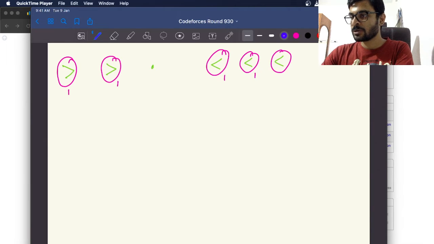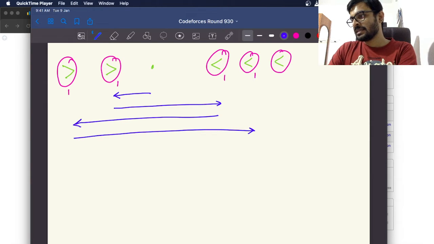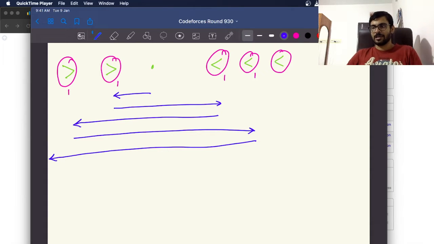So how will the movement look like? If it starts towards the left, it basically goes there, comes back, goes up to there, comes back, and then again gets rebounded, goes there and leaves the grid. This is how it will look like.